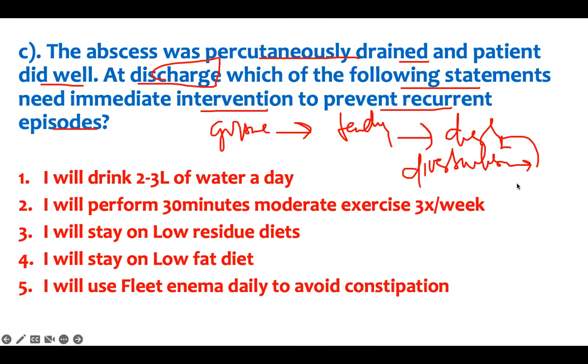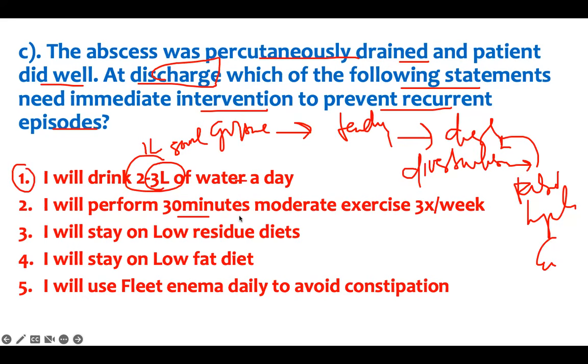So the whole thing is fiber, hydration, and exercise. So drink 2 to 3 liters of water a day. You have to. If they give you 1 liter, 50 ml, no, it's not enough. 2 to 3 liters of water a day. Excellent. I will perform 30 minutes moderate exercise 3 times a day.